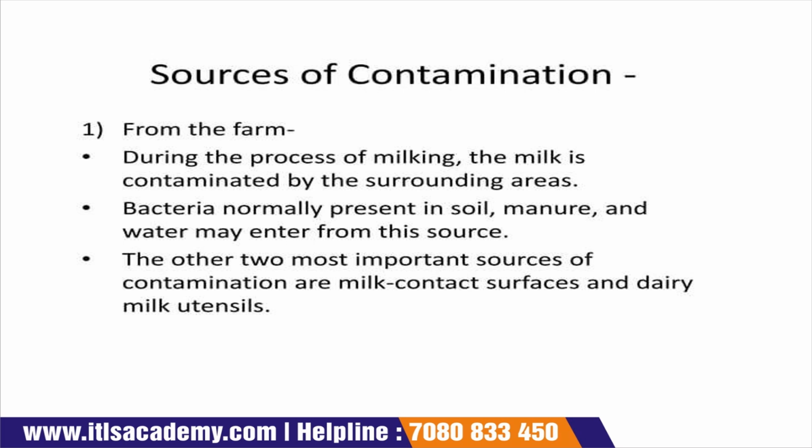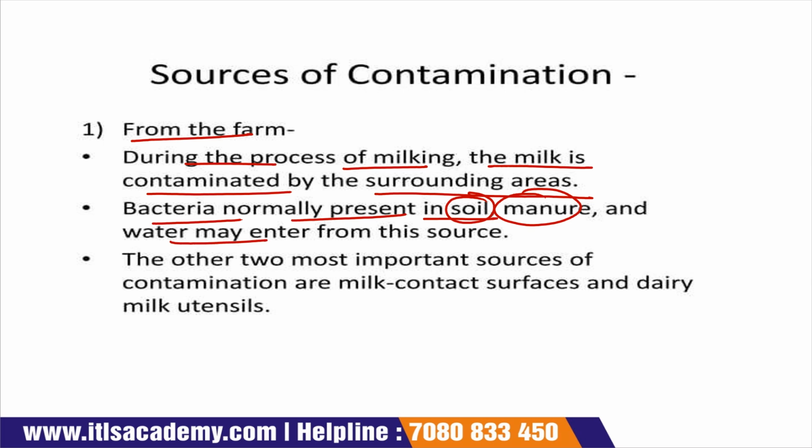Now see what is written on the slide. From the farm, during the process of milking, the milk is contaminated by the surrounding areas. Bacteria are normally present in soil, manure, and water, which may enter from this source. The other two most important sources of contamination are milk contact surfaces and dairy milk utensils.